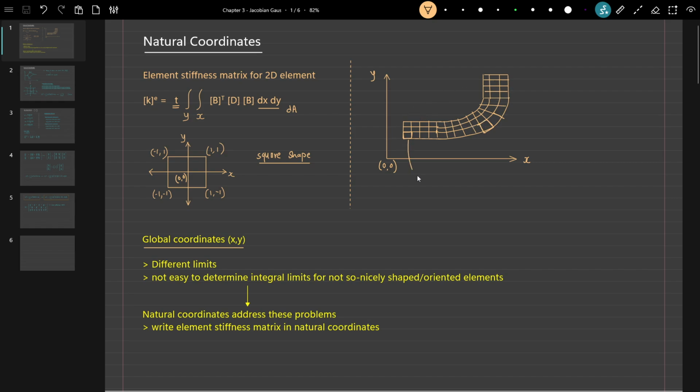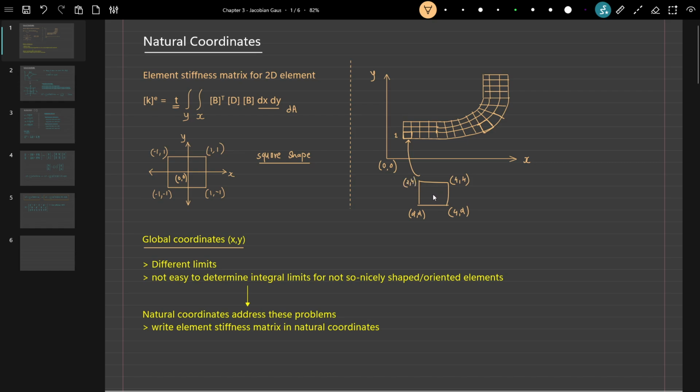Let's take this as element number one. Let's take this element has coordinates (2, 2), (4, 2), (4, 4) and (2, 4).